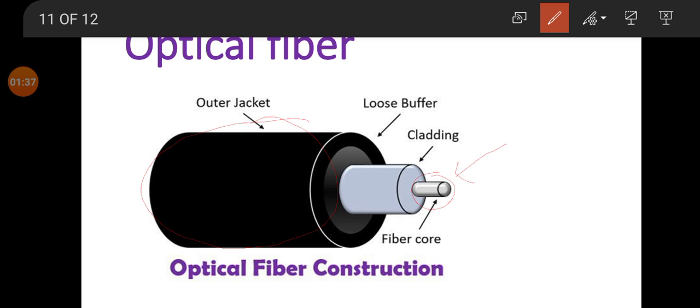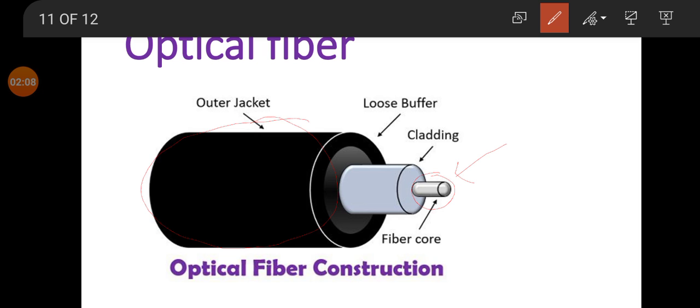Because of this property, that plastic material allows the fiber to bend and not break. Clear? So the transmitter or sender end of optical fiber sends LED, light emitting diode, or laser to send pulses of light across the fiber.